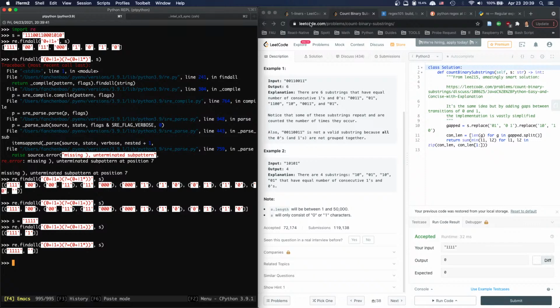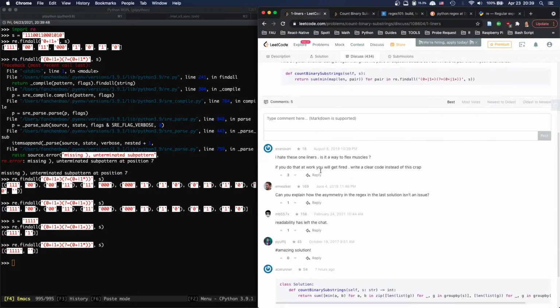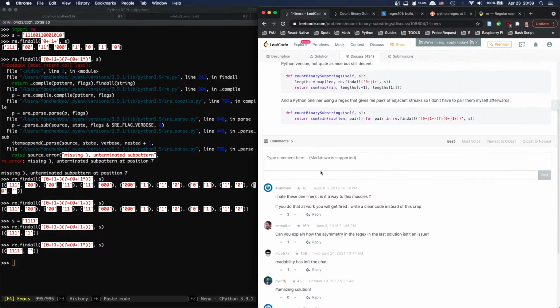I want to write a comment here. Amazing solution. For those complaining about readability, please chill first and then try to appreciate the brilliance in it.